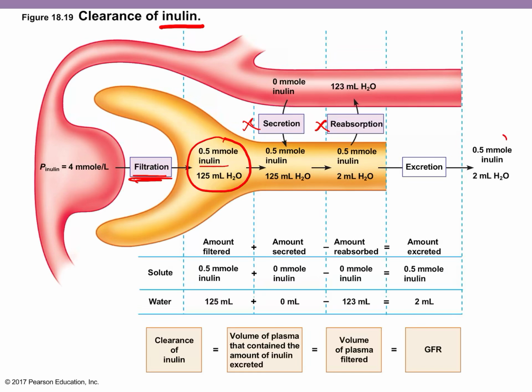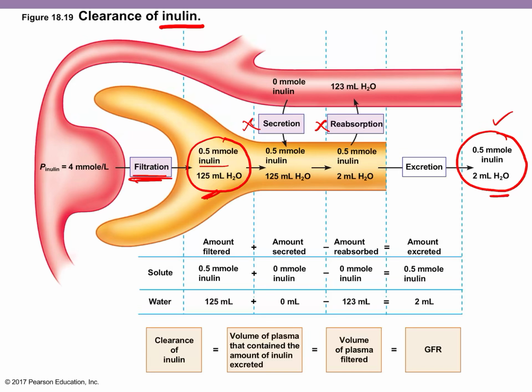So this clearance just shows you that when you excrete the same amount, here we have 0.5 millimoles of inulin come out in the filtrate. We are excreting 0.5 millimoles of inulin. This tells us that it's not secreted. We're not getting any more inulin in our excretion, and it's not reabsorbed because we're not getting less inulin than what's filtered.